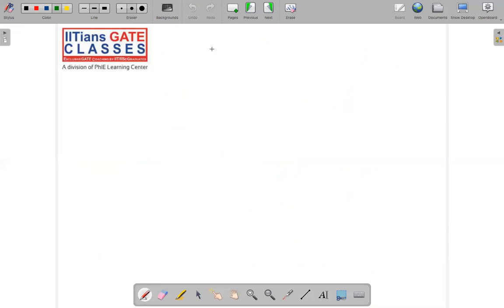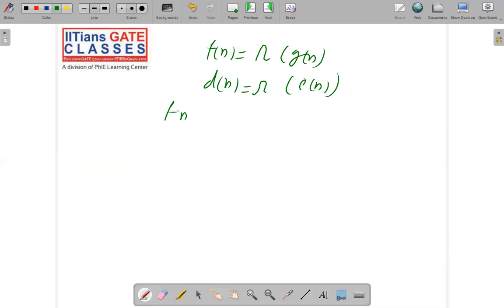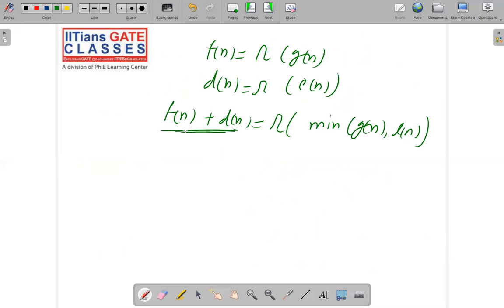Fn equal to omega of Gn and Dn equal to omega of En. So if we add Fn and Dn, then in case of omega, we will take minimum of Gn, En. Minimum of these two in case of addition.